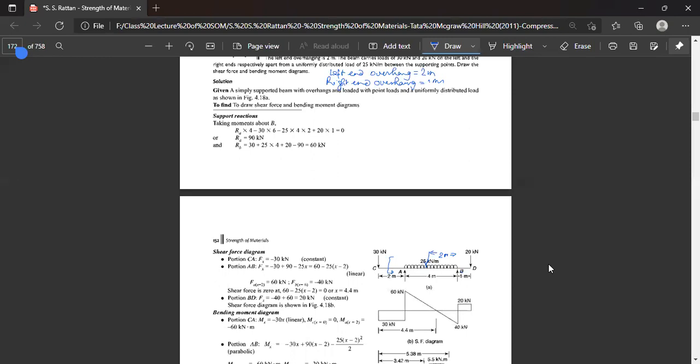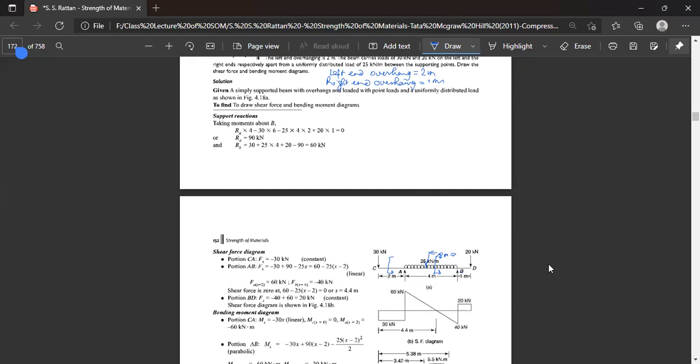Then for the portion between A and B, we take a section somewhere here at a distance x from the end C. The shear force: the 30 kilonewton force is acting at a distance x from C, so it is minus 30, and our reaction of 90 is acting at a distance x minus 2.